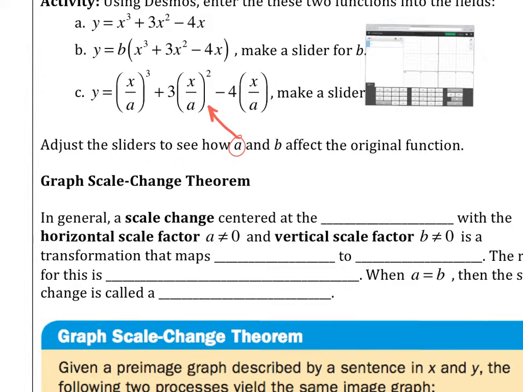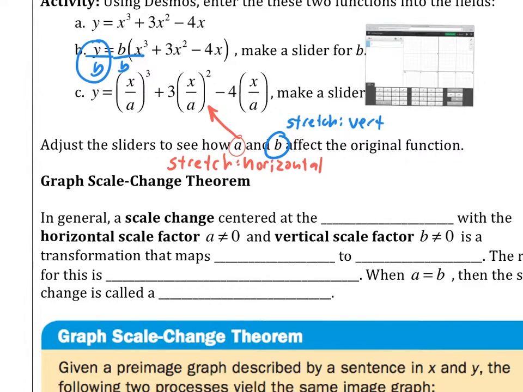So this is going to be a stretch that's horizontal. However, the b, which, like we said earlier, if I divide both sides by b, I'm effectively affecting the y. When I change the y by a number, and that's multiplying, this is also going to be a stretch, but it's going to be the vertical stretch.